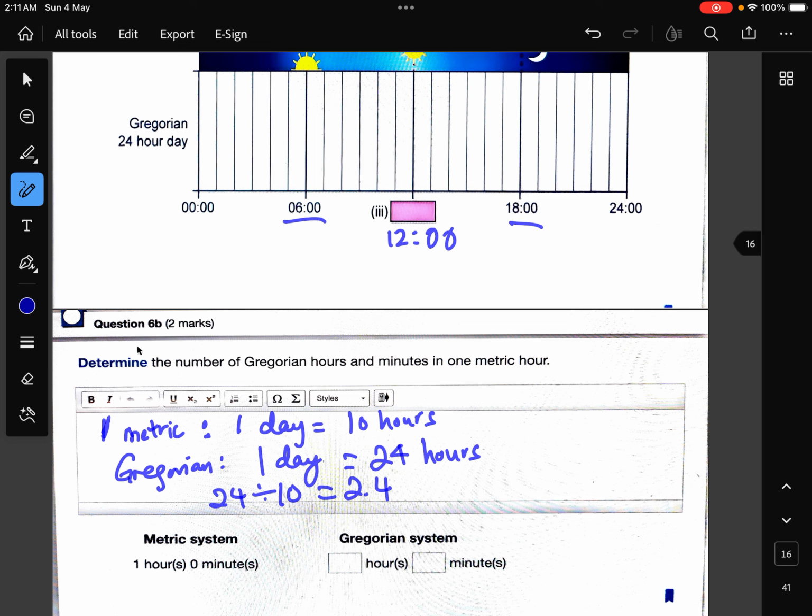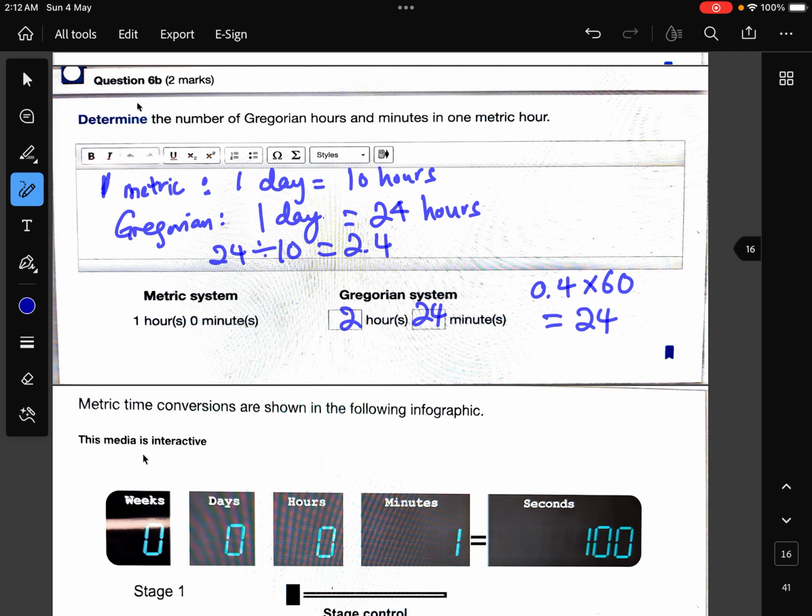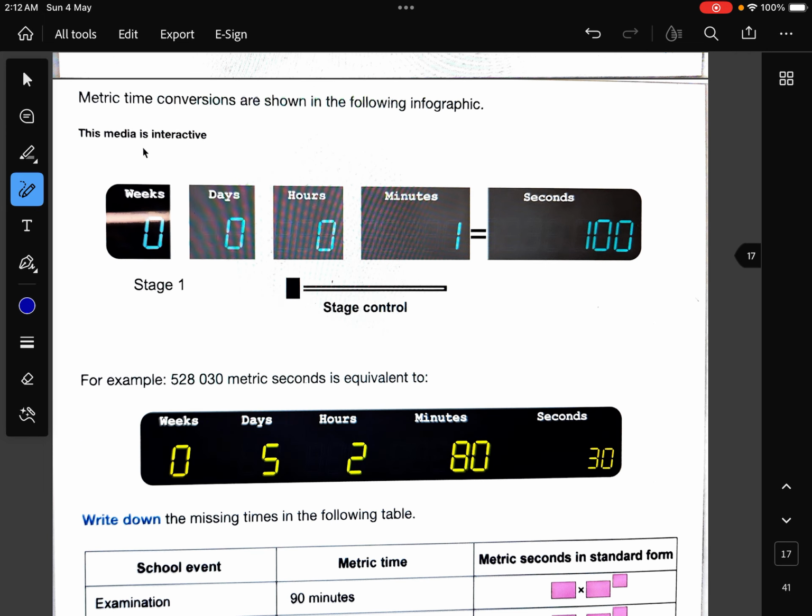We write this as 2 hours, and since we're converting it into the Gregorian system, we multiply 0.4 by 60, since 1 hour is 60 minutes in the Gregorian system. So 0.4 times 60 gives me 24 minutes. So I'm going to put 2 hours and 24 minutes for this little box here. Okay, so generally quite easy as well for 2 marks.